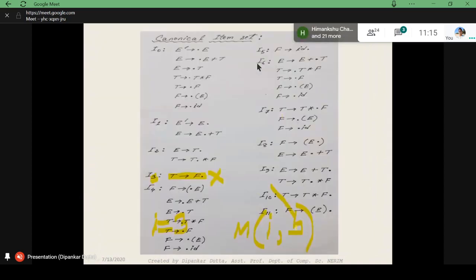So in place of b, we have to write plus, star, right bracket and dollar. That means for this particular production in I3, we have four different entries: I3 plus, I3 star, I3 right bracket, and another one I3 dollar.